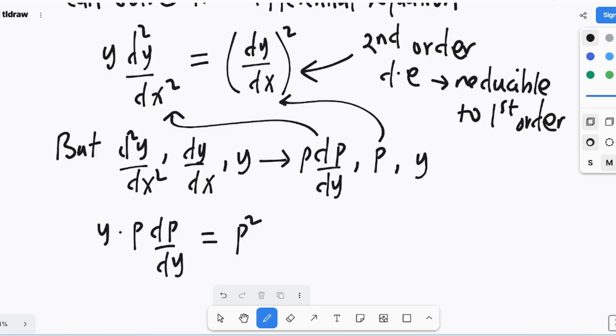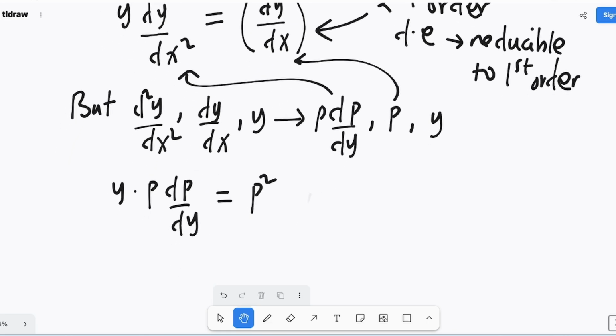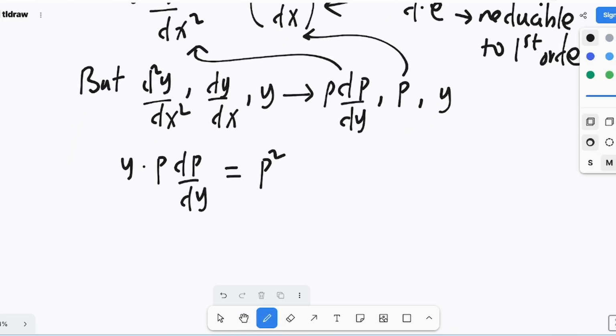Remember, the first derivative is squared, so we have p squared. When we divide through by p, the p's cancel and we remain with one p. So we end up having y dp/dy is equal to p.